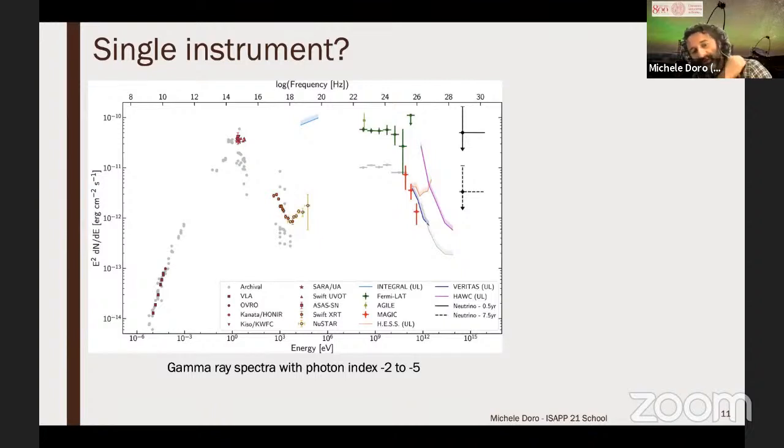So you have 10 to the -5 events if you multiply the energy by 10. It's really hard to have an instrument that is sensitive for such a large energy range. Okay, so we need more than one.